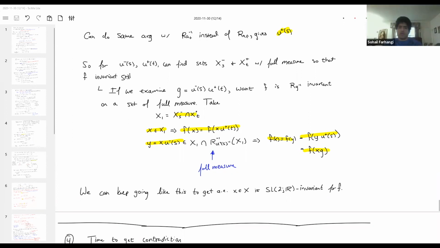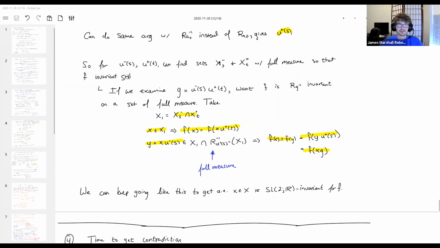So we already know that for any individual value of s or t, the set... Wait. Okay, what is xs minus? Oh, that's just to indicate that this is with respect to u minus s.